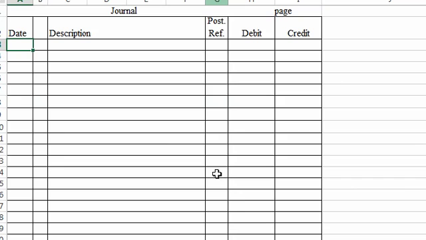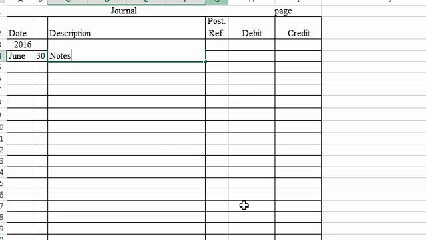So let's go to a journal template. We'll type in June. First, let's just put 2016 here. All right, then we'll put June 30. Okay, we're going to debit notes receivable.